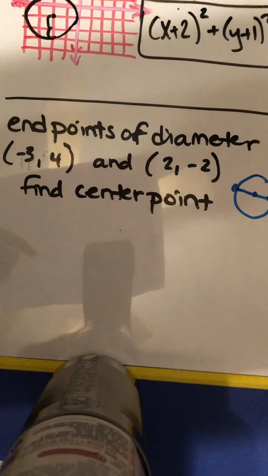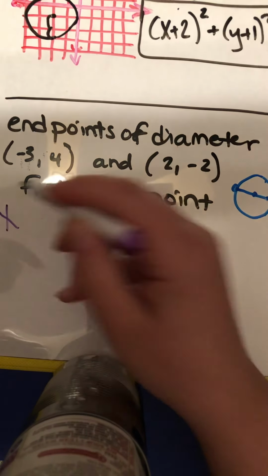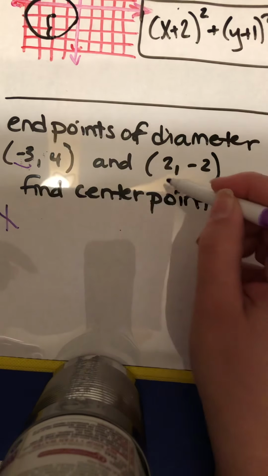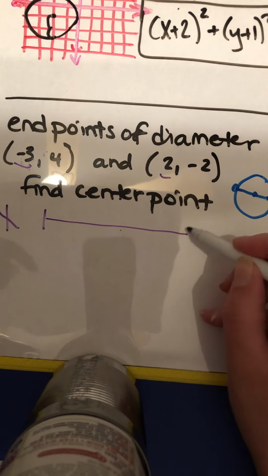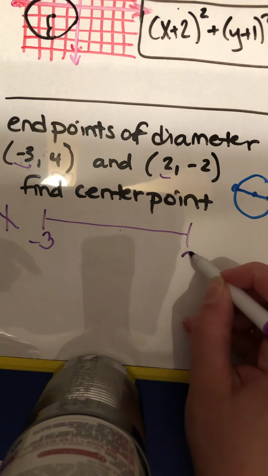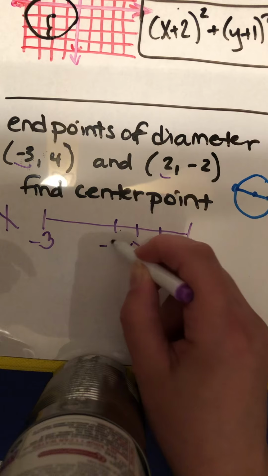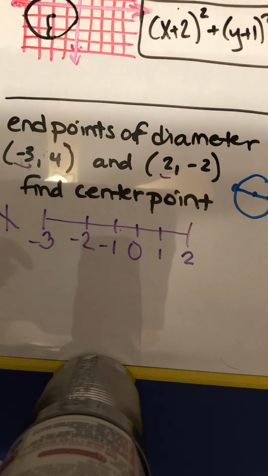So find the center point. I need an x and a y. Let me start with my x's. I have a negative 3 and I have a 2, and I know it's somewhere in the middle. If I draw a number line, negative 3 to 2, my number line includes all my numbers in between my x points.